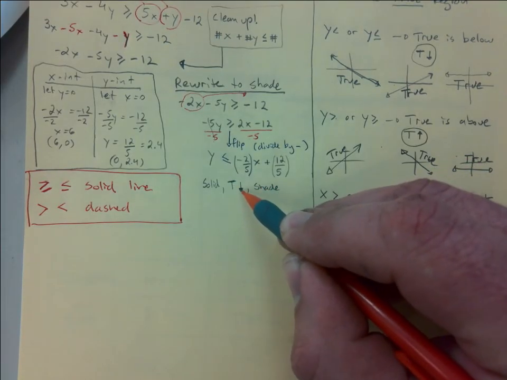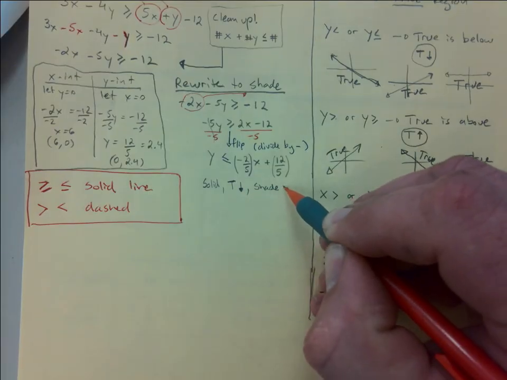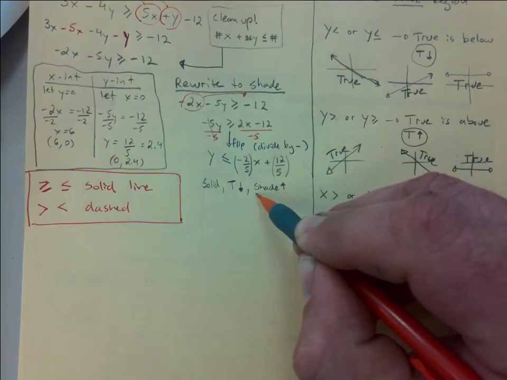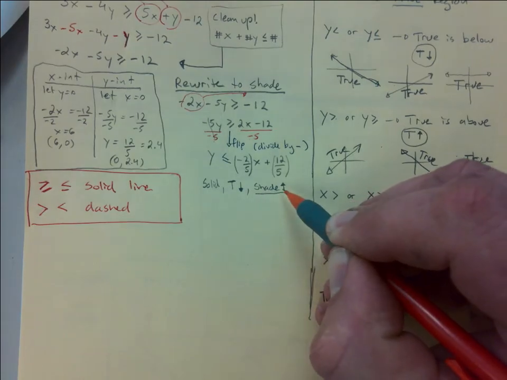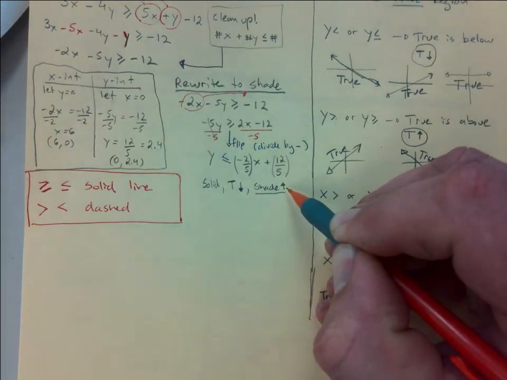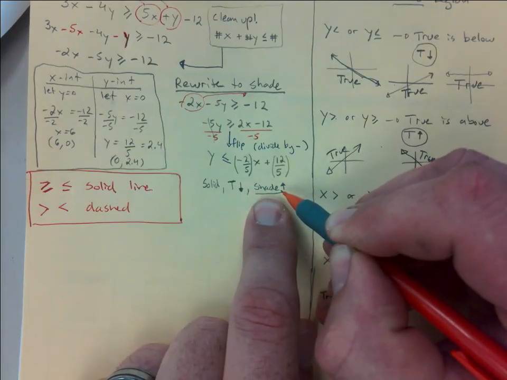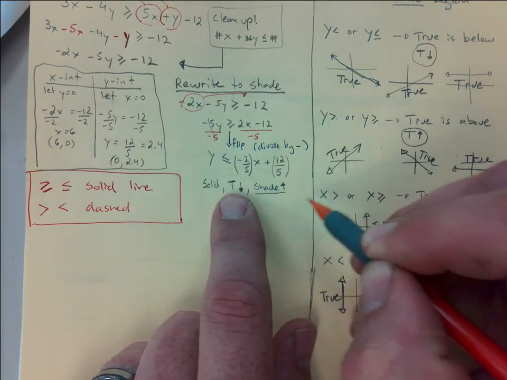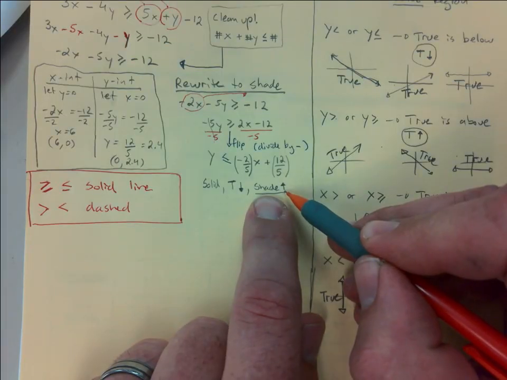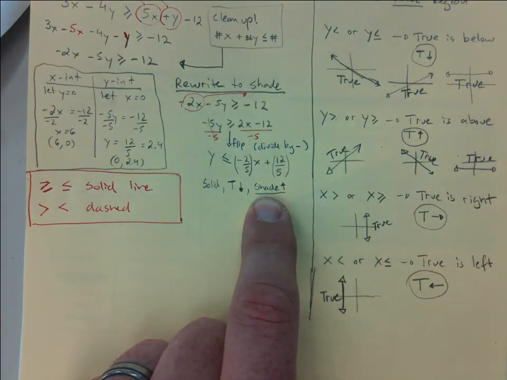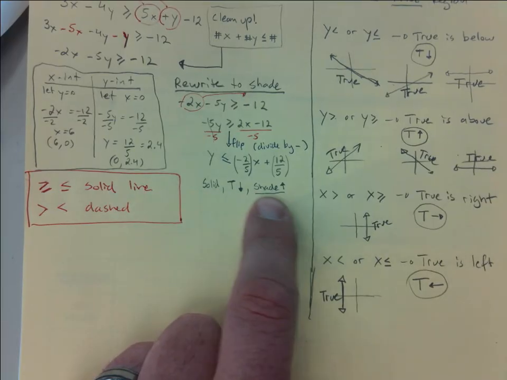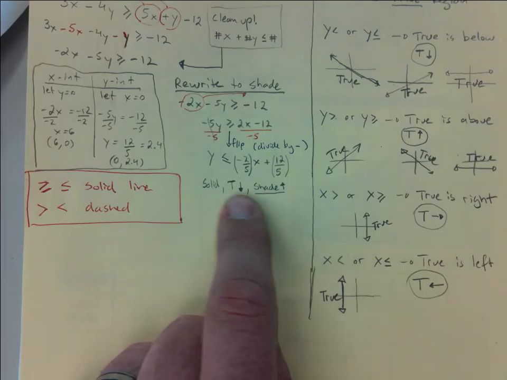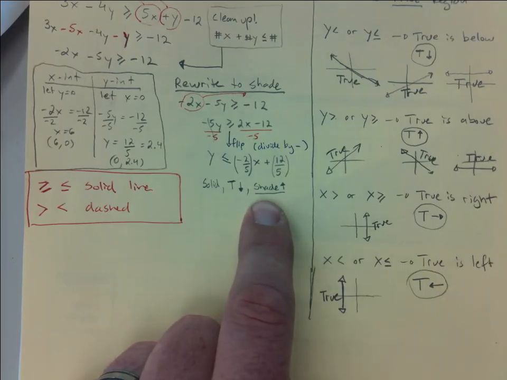So if the true region is below, I will shade above. I make a note of this because later when you graph, you can quickly tell yourself, okay, solid line, true is below, I've got to shade above. And trust me, if you have 2 or 3 at the same time, this is going to be very helpful so you don't mix them up later. So this is something that I put down right away.